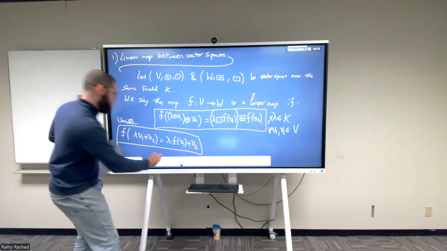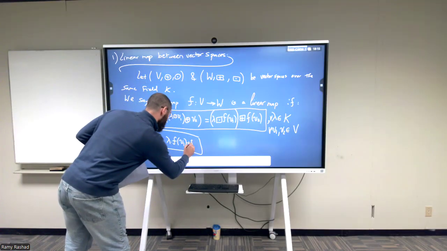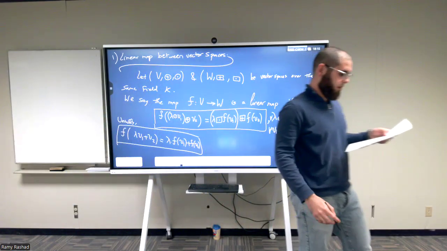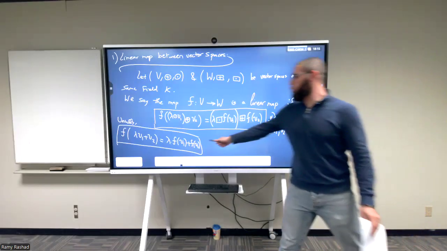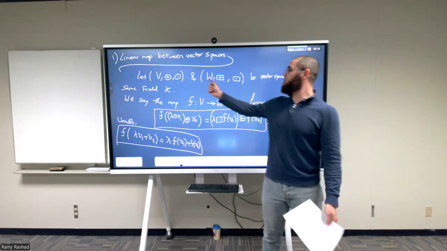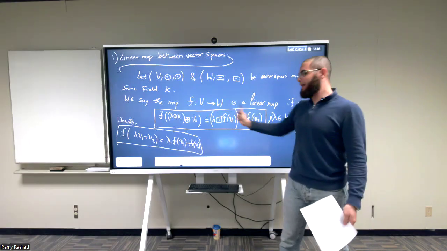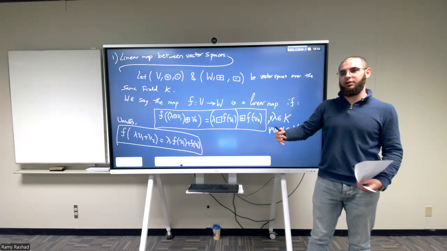F of V2. Yes, please. Thank you. So yes, of course, we can always write it like this, provided that you know which operations you're talking about. But you have to look at it once in your life like this, so that you can appreciate how much structure there is behind it.